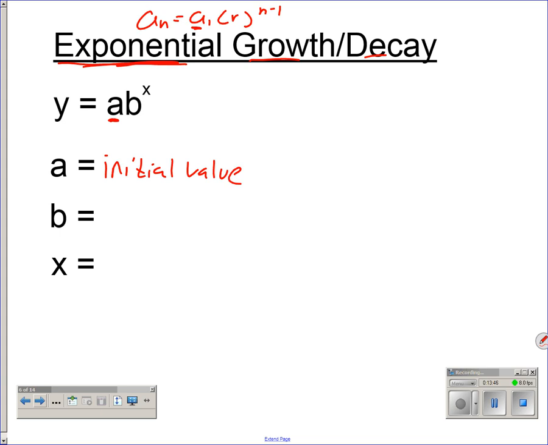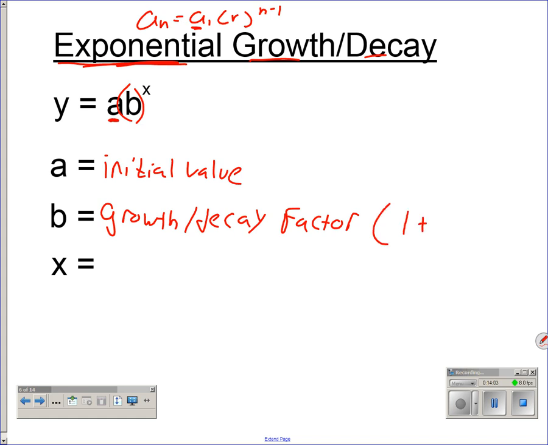B is not going to be our rate, but it's going to be our growth or decay factor. It depends on the problem whether it's growth or decay. And that's found using your rate. Okay, it's found by doing 1 plus or minus our rate. We just have to decide whether it's growth or decay.